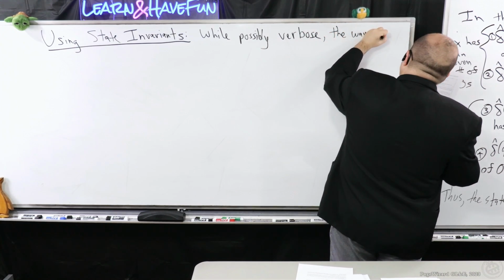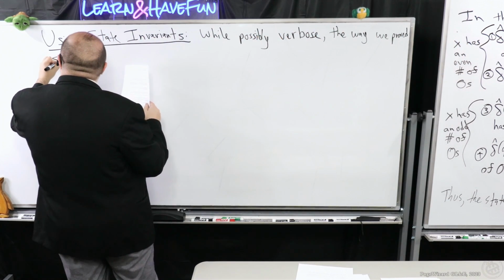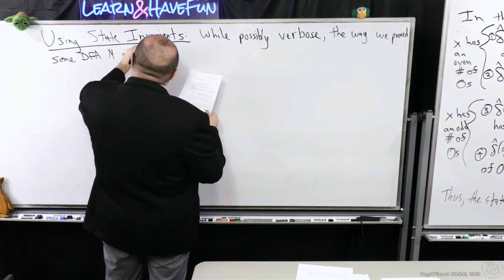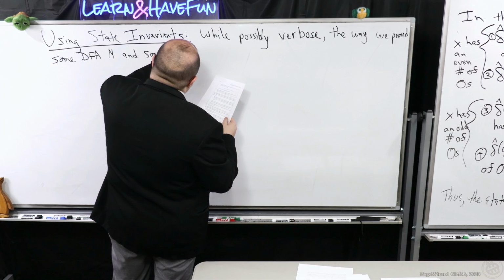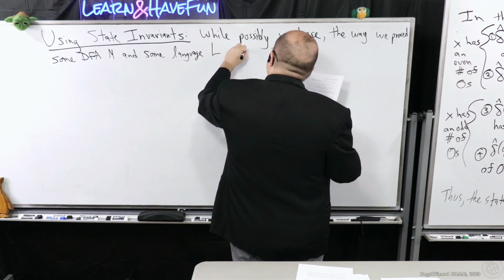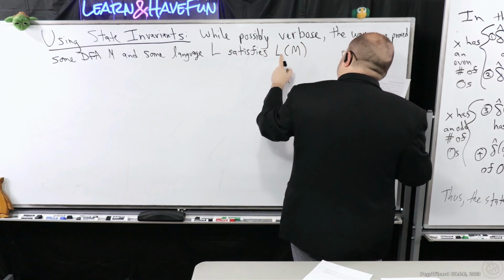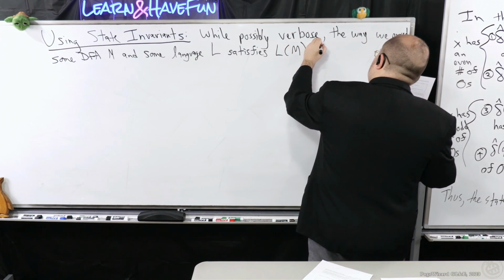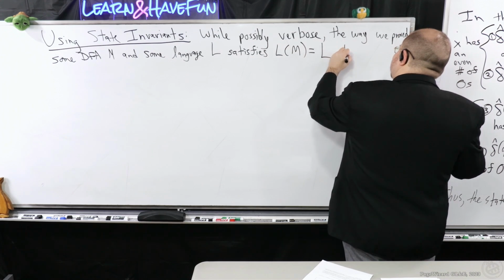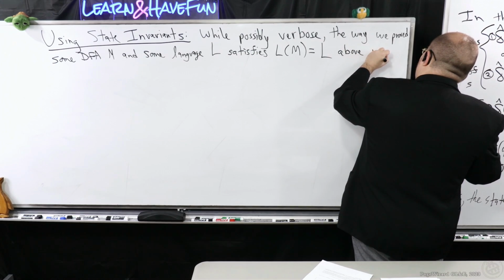The way we proved that some DFA M and some language L satisfies L of M, referring to the language of DFA M and the desired language L that I would like it to be designed for above, referring to our previous claim, was using the following argument.